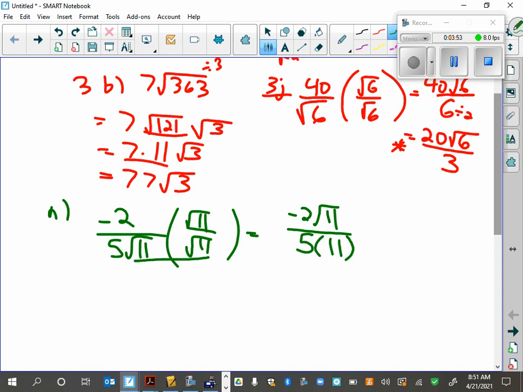Good job, 11. And then you are allowed to multiply 5 times 11 because they're both numbers, and then you just see if you can reduce. So if the 55 was a 56, you could divide by 2, but you can't. So that's that. That's called rationalizing.